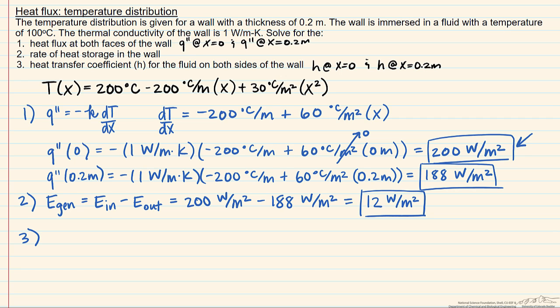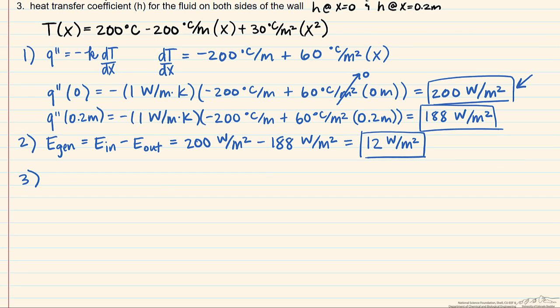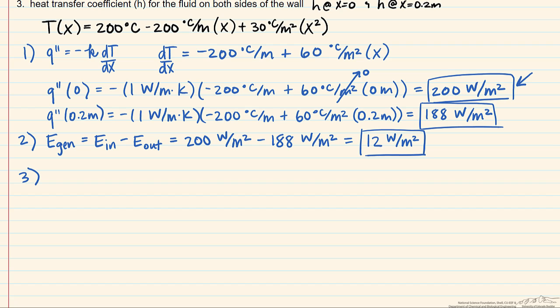Now we'll move on to question 3, which asks us, what is the heat transfer coefficient of the fluid at both x equals 0 and x equals 0.2? So we know that the heat flux in at x equals 0 has to be equal to h, our heat transfer coefficient, times the temperature at x equals 0 minus the temperature of the bulk fluid.